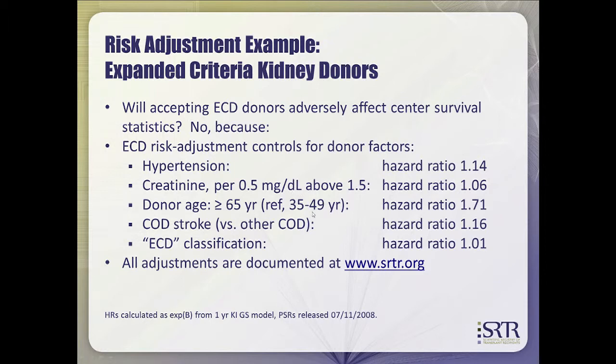Donor age is accounted for. Age over 65 is worth 1.71 further hazard adjustment. Cause of death is accounted for. And then even on top of that, the ECD classification itself is also accounted for.